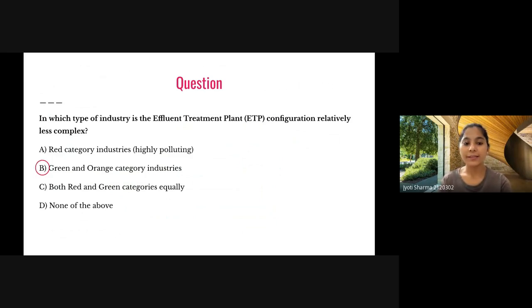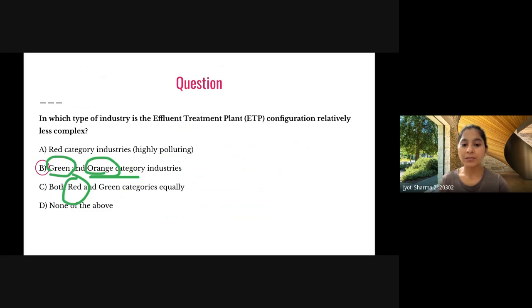So obviously, if we have colors like red, green, and orange, you always know that red is the dangerous one, then green is the safest one, and in between we have orange. So if some industry has been categorized into green or orange, it means it is giving you less hazardous, less polluted, or less contaminated wastewater.